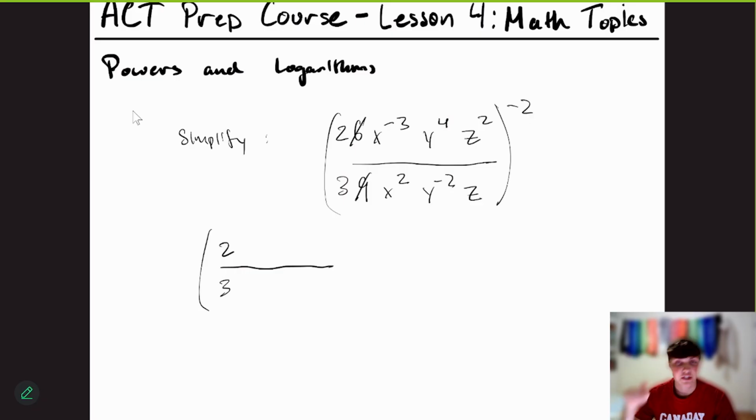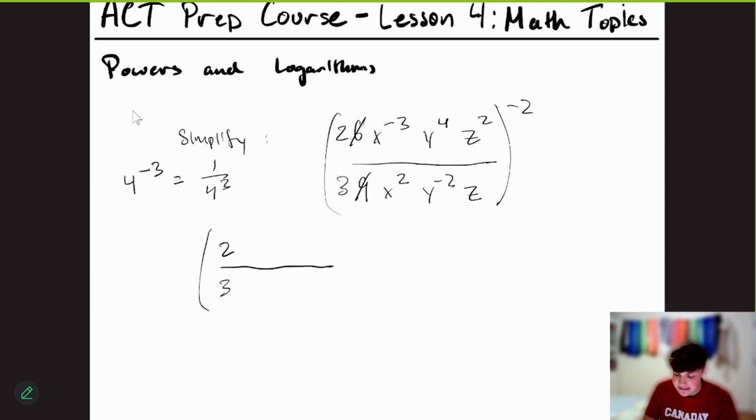Well, a trick with powers is if you ever have something to a negative power, like x to the negative 3, or let's say, we'll do numbers, like 4 to the negative 3, all that's saying is just fancy notation for 1 over 4 to the 3.